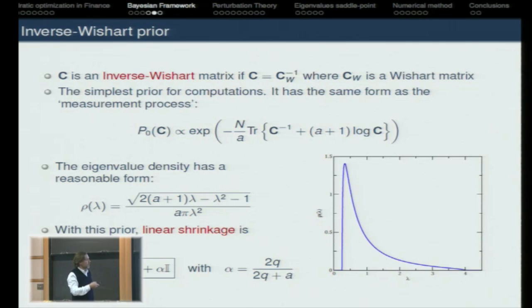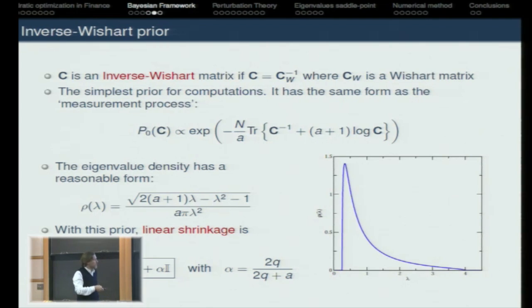And it turns out if you take this prior, you can do the integral very easily. You just do a change of variable and everything simplifies. And you get a very easy answer: the optimal matrix is just a linear combination of your sample covariance and the identity, with the linear combination parameter given by the ratio essentially of Q, which drives the quality of your measurement, and A, which drives the width of your prior distribution.